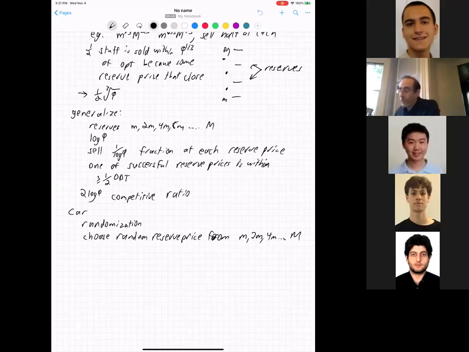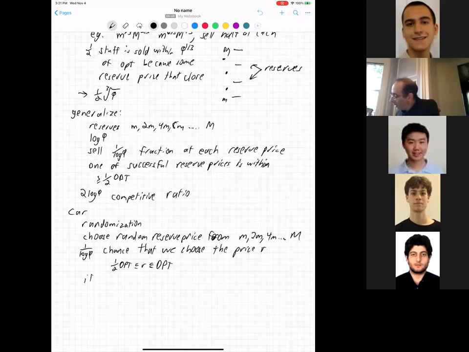Okay. And my claim is that there is a chance, namely a 1/log phi chance, that we choose the reserve price R that is between half opt and opt, right? If we choose one of these prices uniformly at random.